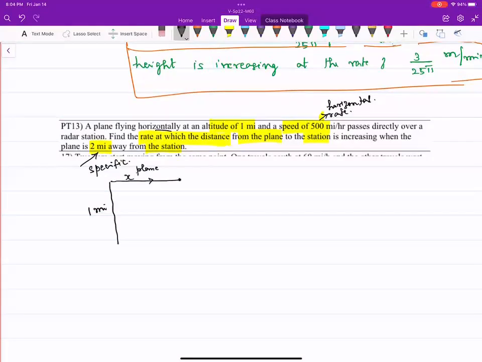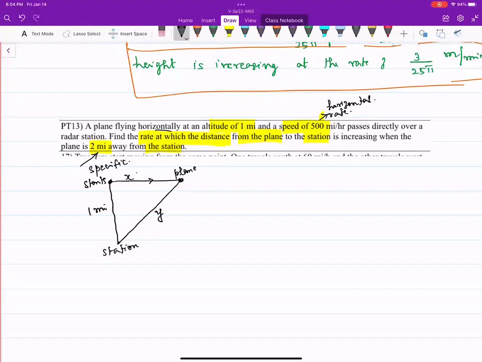The question is, how fast is the distance of the plane increasing? This is where the plane is. It starts here and goes here, and this is the station. Let's assume this distance equals y.